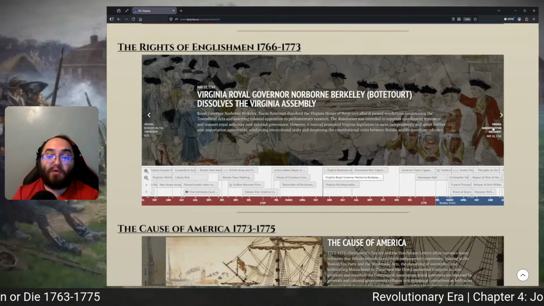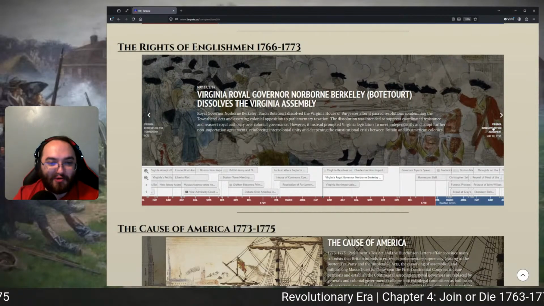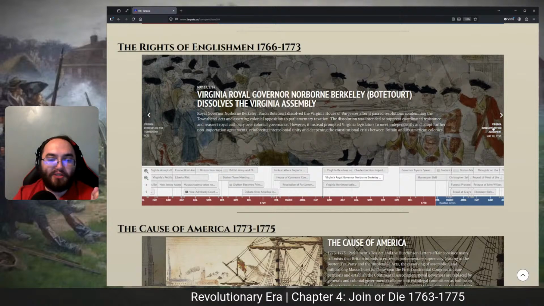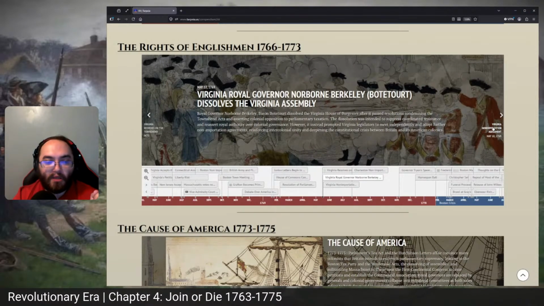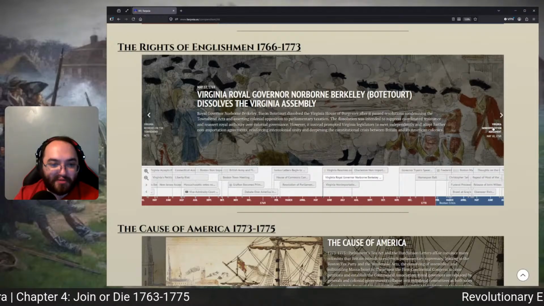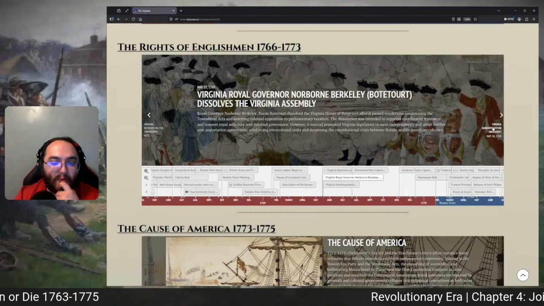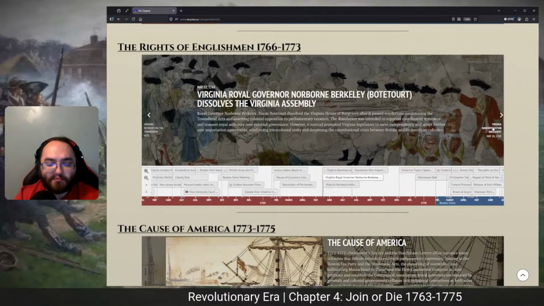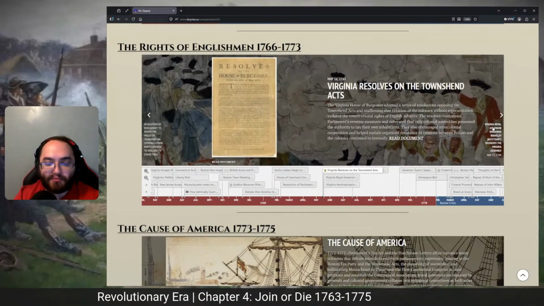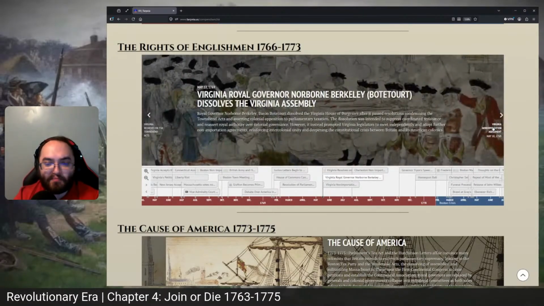Now, royal governors don't really like these resolves, and so the royal governor of Virginia, Governor Norborne Berkeley, dissolves the Virginia Assembly right after the Virginia Resolves are passed.